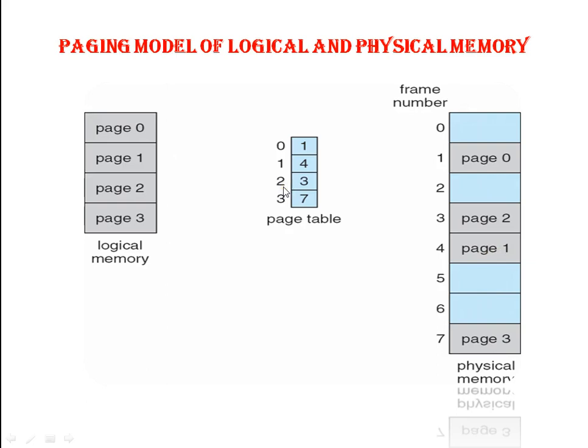Next, page 2 is stored in frame number 3. Next, page number 3 is stored in frame number 7; if I check here, frame number 7 is occupied with page 3. This is with the help of your page table. It maps your page number and your frame number. It will tell where exactly the pages are stored inside your main memory or physical memory with the help of frame numbers.